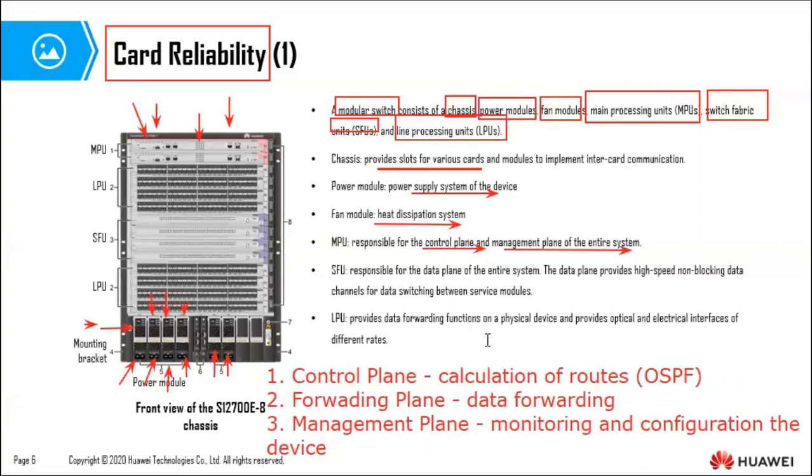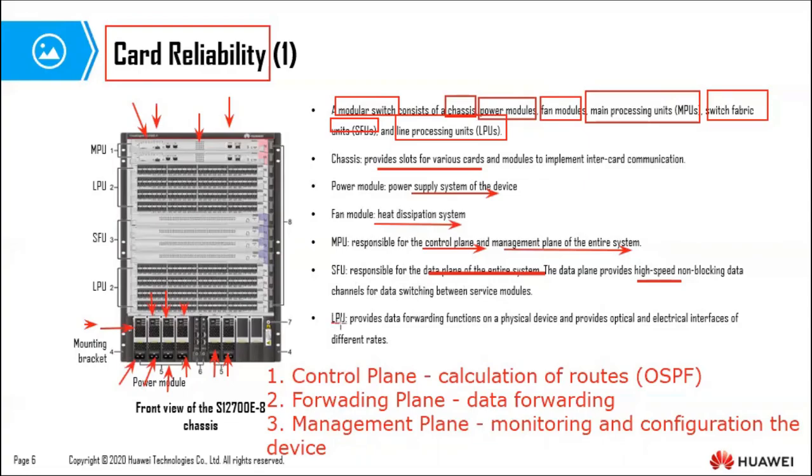Okay, so the other one here is SFU. SFU is the switch fabric unit, is responsible for the data plane. So for forwarding data. Data plane provides high-speed non-blocking data channels for data switching between modules.